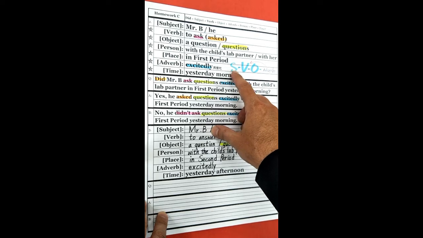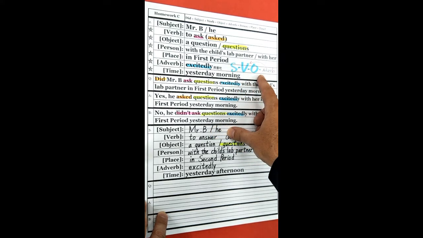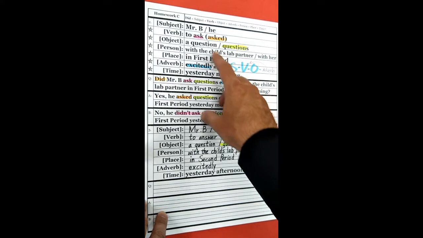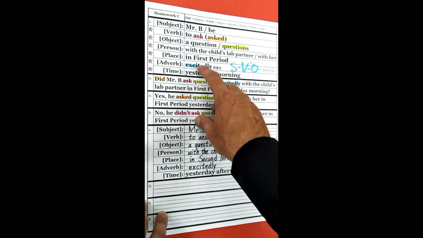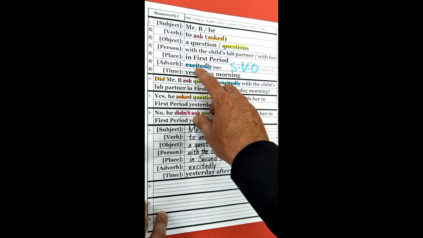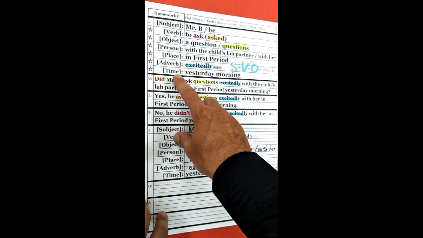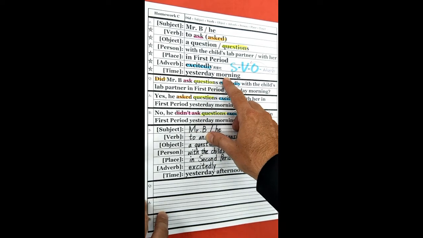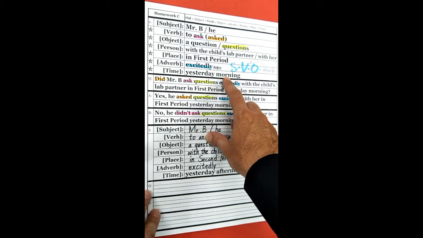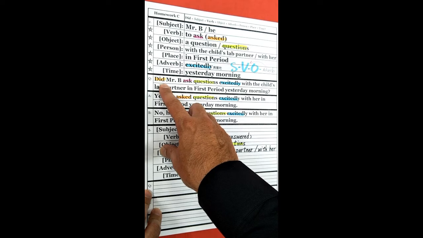Remember, subject, verb, object, adverb. The adverb tells you about the verb. So you ask excitedly, asked excitedly. Time, yesterday morning. All right, these are very easy. Remember, we ask a question in the past tense, we use did.